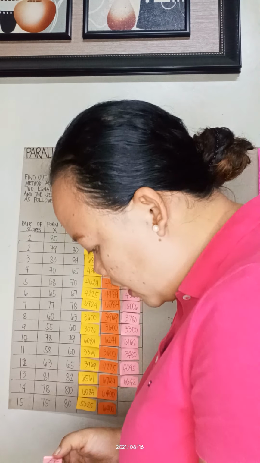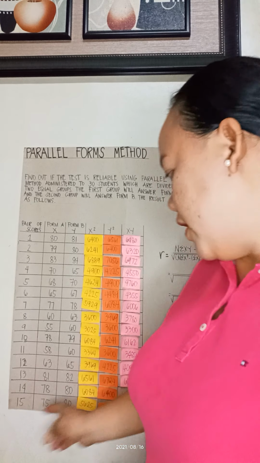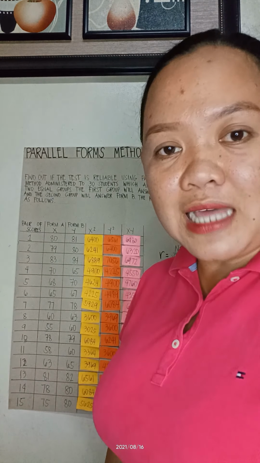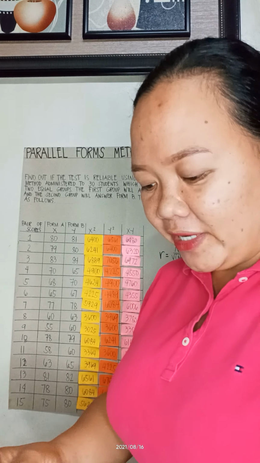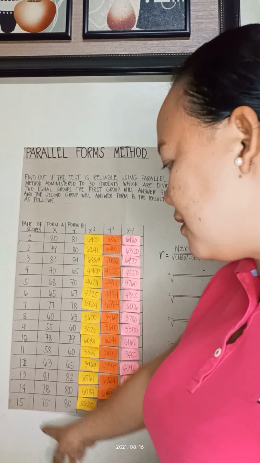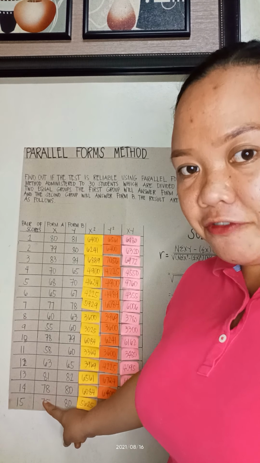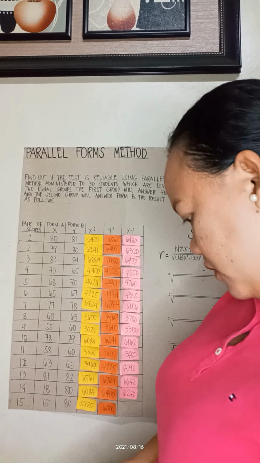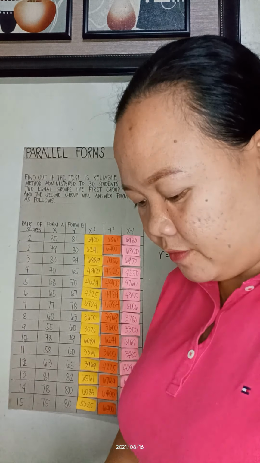Next, 78 times 80 is 6,240. And the last is 75 times 80, which is equal to 6,000.